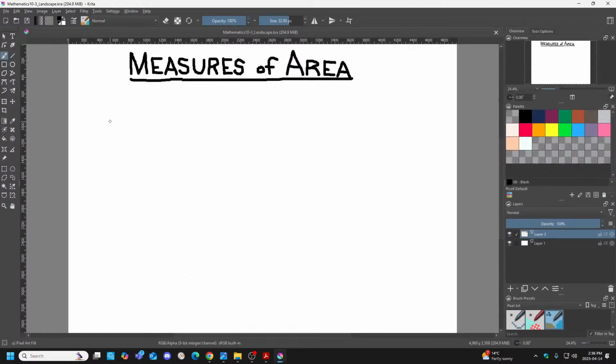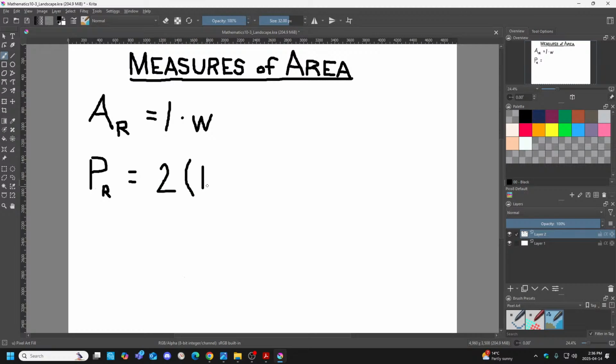Area equals length times width. And then perimeter of a rectangle equals 2 times (L plus W).